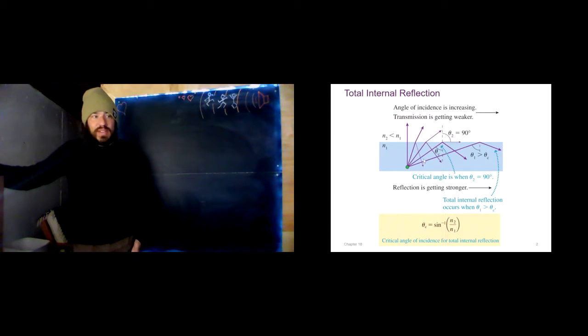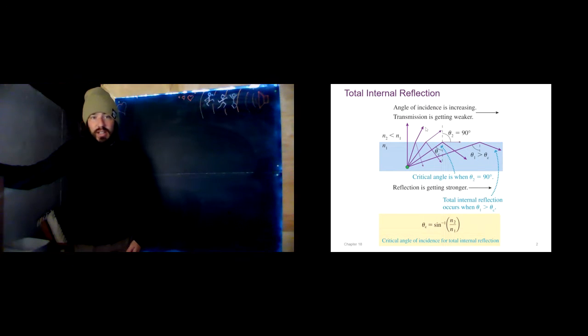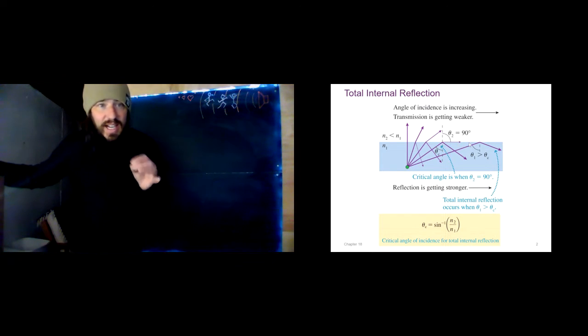Here's a nice schematic of the same thing. No refraction for an angle of incidence of 0. Increased refraction for increased angles of incidence, and we also start to see this reflected ray increase. The critical angle occurs when that refracted ray would get refracted at 90 degrees.